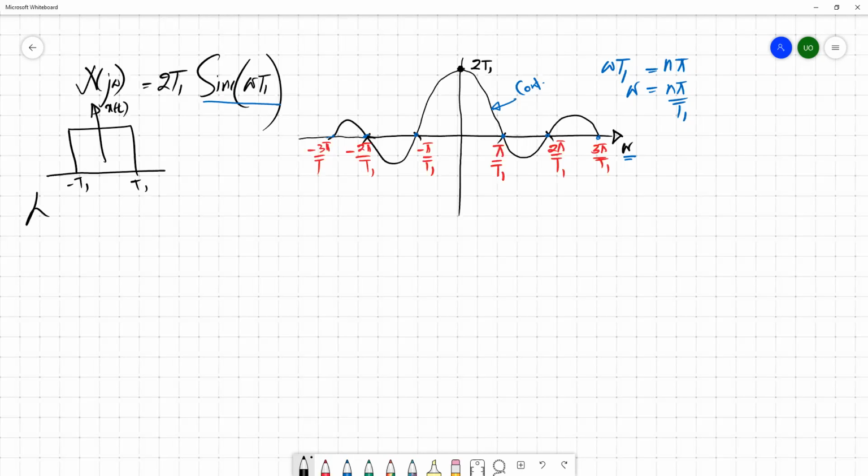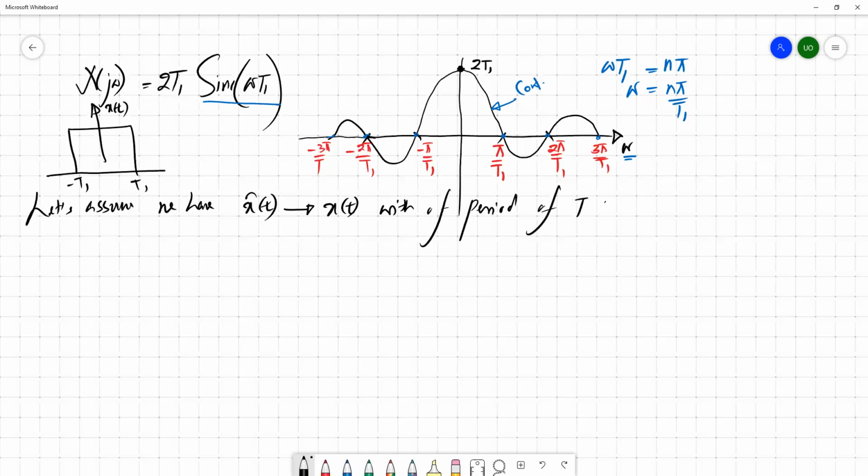So let's assume we have a periodic function x tilde t, which is derived from x t, this pulse, with a period of T. So then what is the derived function?